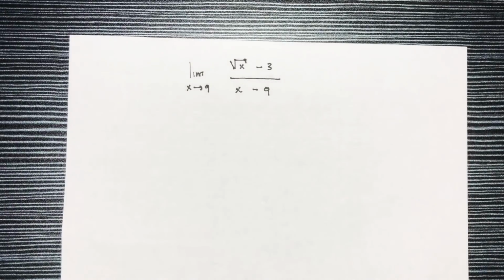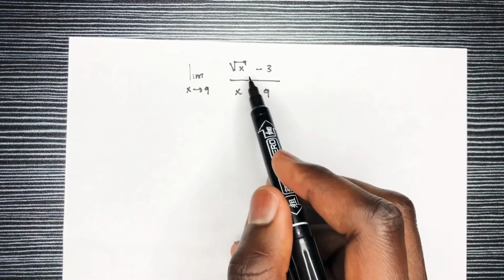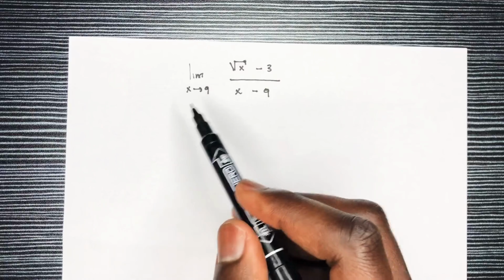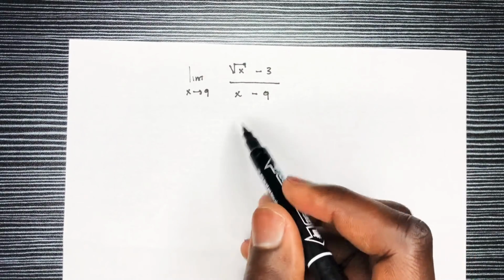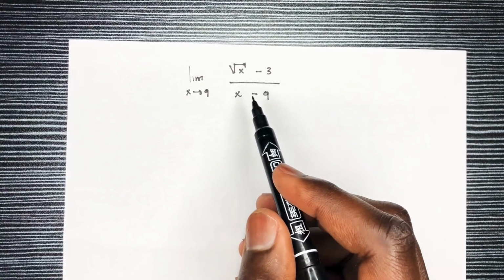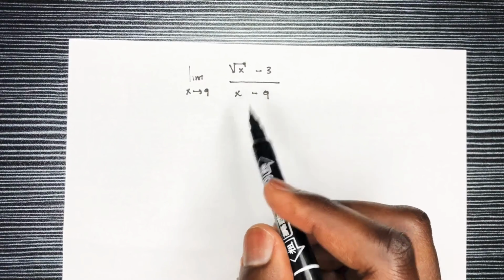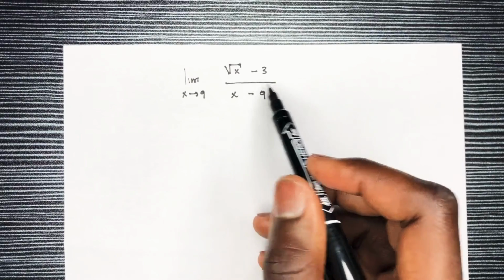But in this case we see that there is a root expression on top, subtracting a number. In order for us to simplify this function, we need to multiply it by a conjugate.